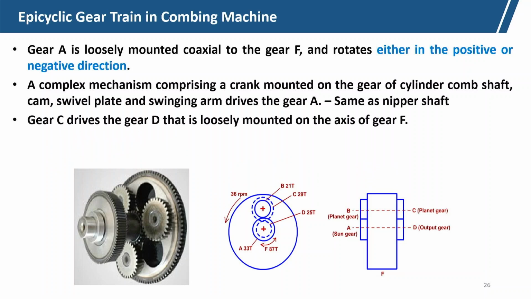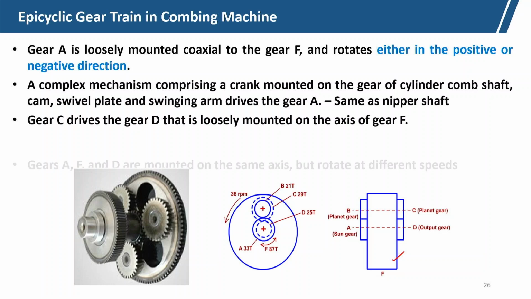So, gear C drives gear D. Okay. Gear D is also loosely mounted on the same shaft of gear F. So, gear A and gear D are loosely mounted on the shaft of gear F, which is the arm.